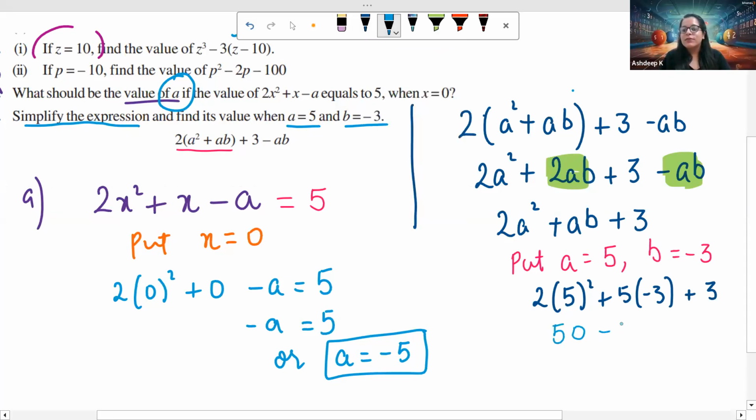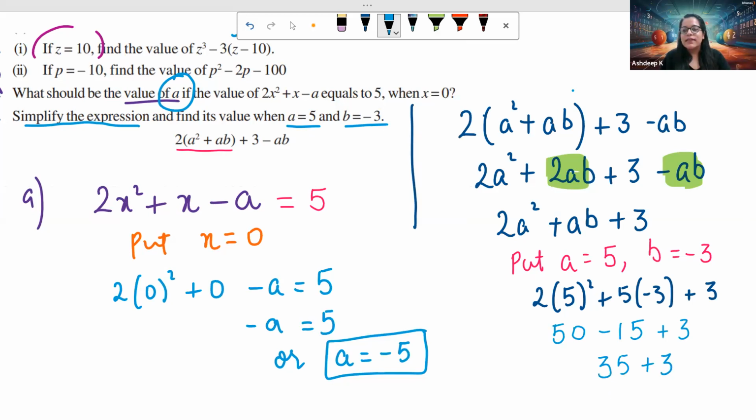Minus 5 into 3, that is minus 15, plus 3. So again, if we simplify, we have 50 minus 15. Okay. So that would be simply 35 plus 3. So our answer would be equal to 38. So I hope that's clear to every one of you.